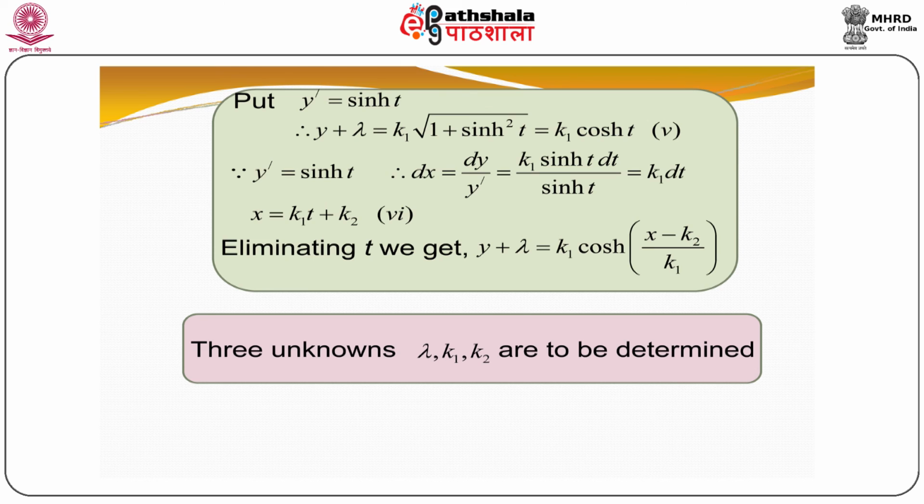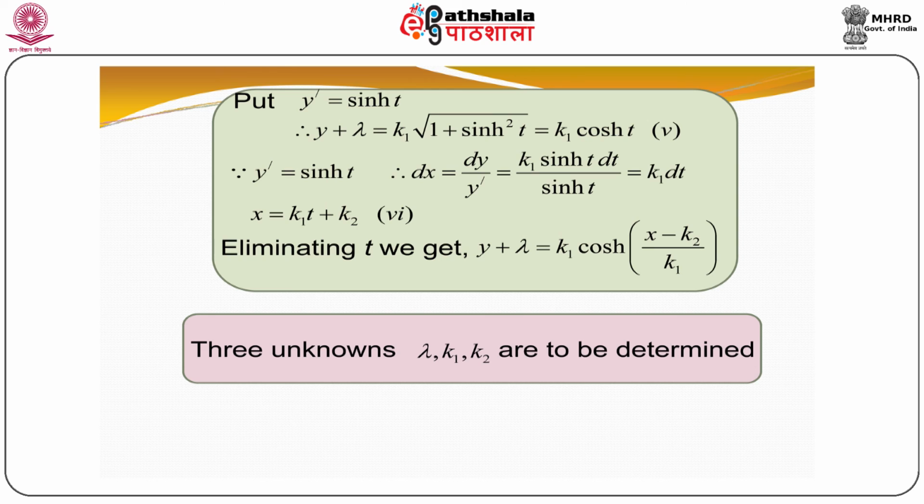As y dash equal to sinh t, y dash means dy/dx, this can be written in this way. If we put the value of the differential dy here and the value of y dash here, then after simplification we get this one.